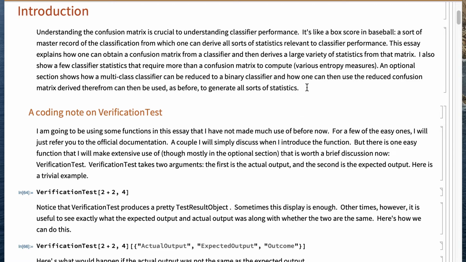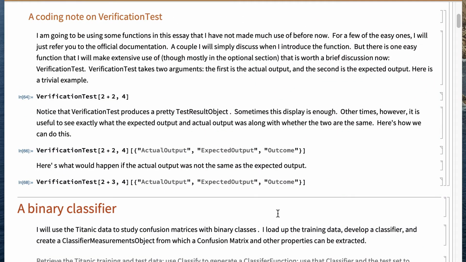But at the end of the video, in an optional section, I'm going to show you how to use a multi-class classifier with a multi-class confusion matrix. It's not particularly more difficult, but there are a few wrinkles that we need to discuss. I'm going to use a couple of functions in this video that we haven't seen much before in this course.